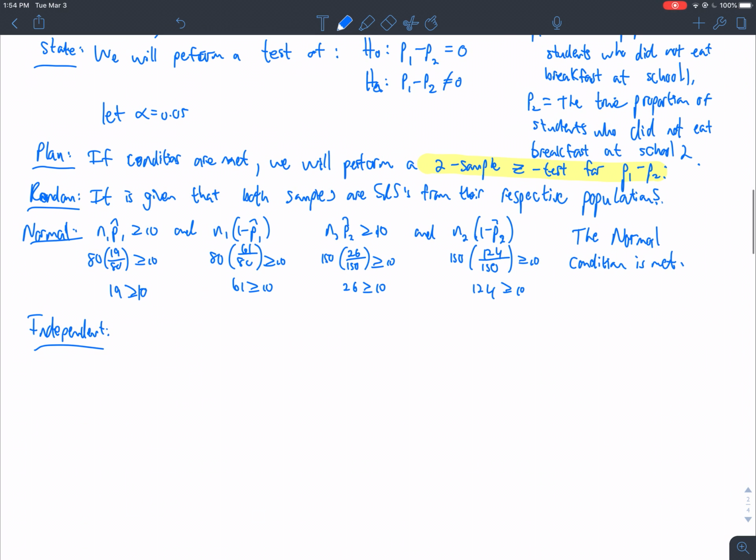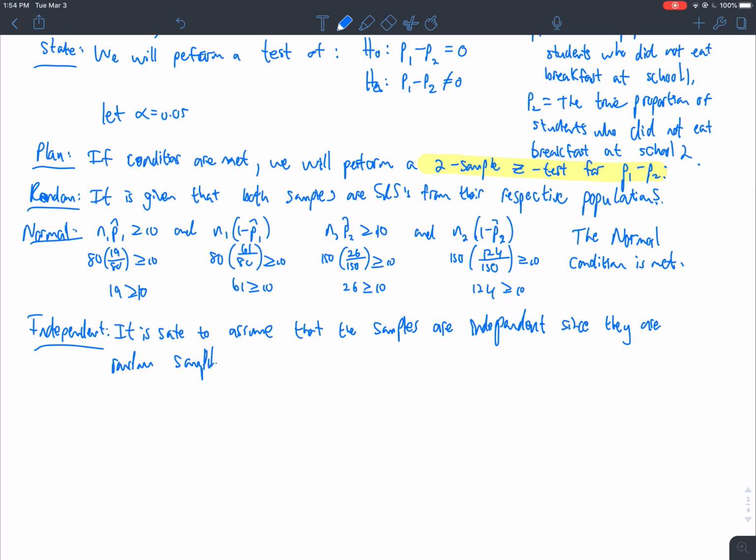Okay, so let's just say it is safe to assume that these samples are independent, since they are random samples from two different schools.